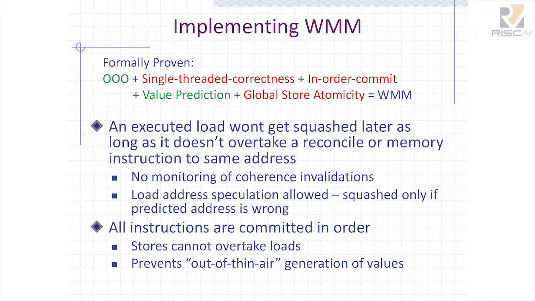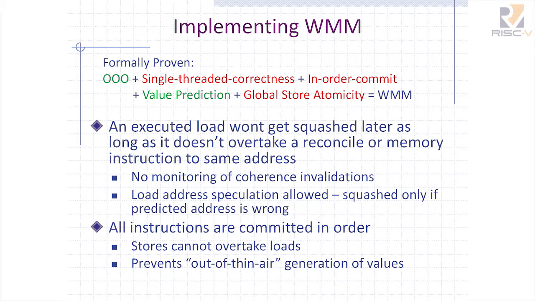So we have formally proved that any out-of-order processor which obeys single-threaded correctness, that is, if you execute a one-threaded program, it behaves correctly in the most obvious manner of correctness. And if you have such an out-of-order processor, and if you obey in-order commits, you can have out-of-order commits and still obey single-threaded correctness, which is what ARM actually does.